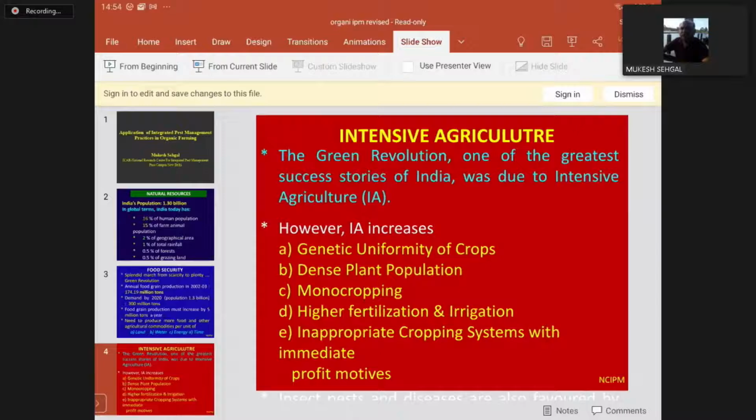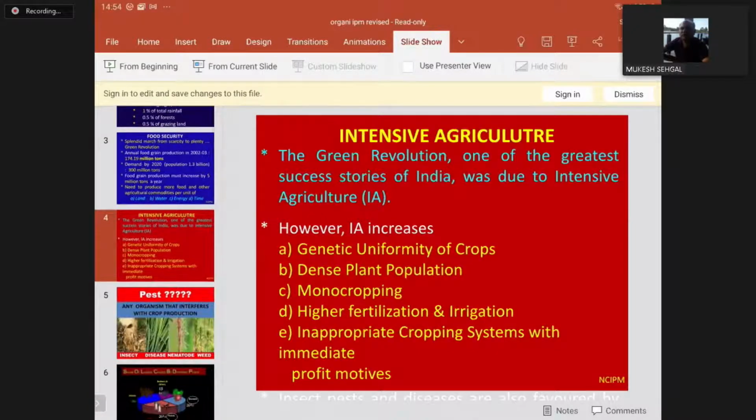Because of intensive agriculture, which no doubt brings genetic uniformity of the crops, dense plant population, monocropping. People are using higher fertilization and irrigation, inappropriate systems, immediate profit motives. All these have made a problem for plant protection specialists in developing a program.